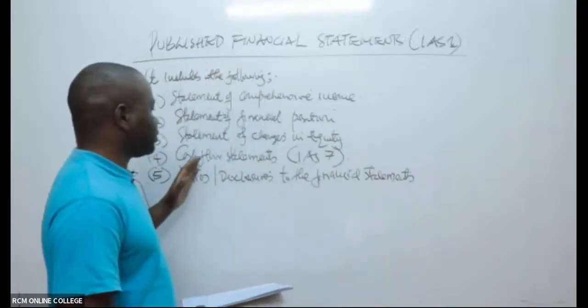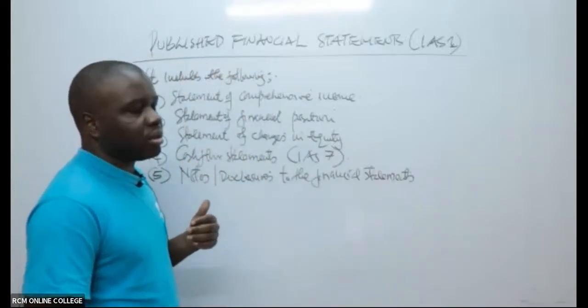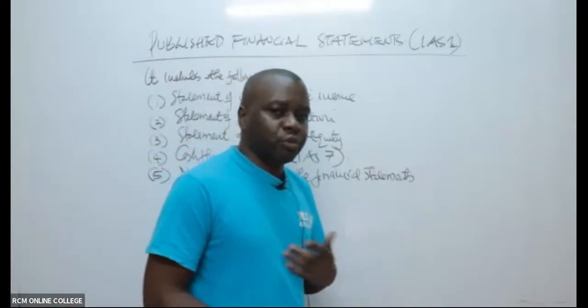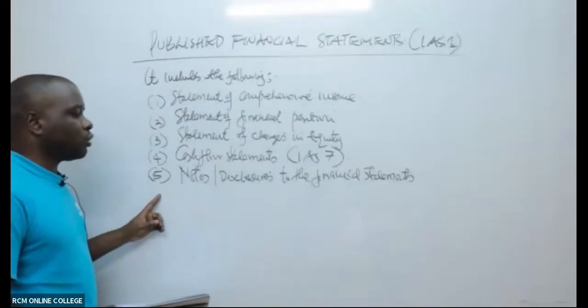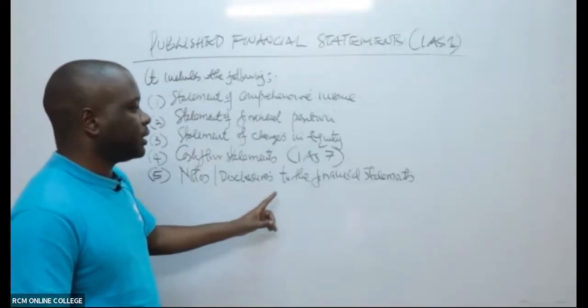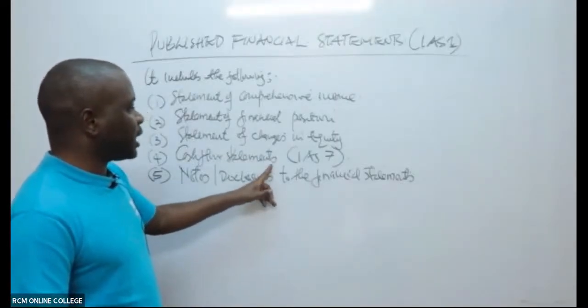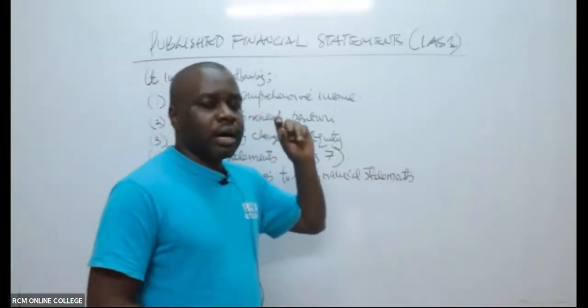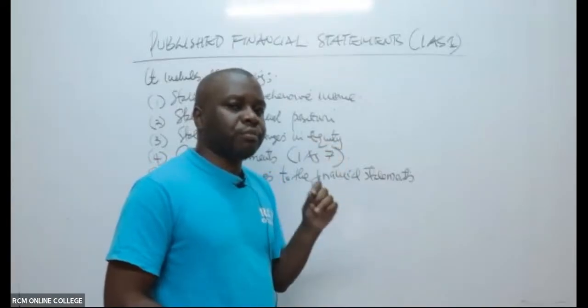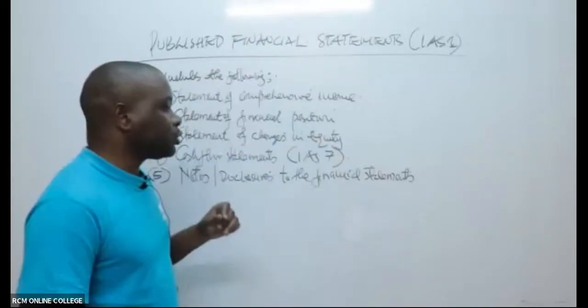Then the cash flow statement: how is the company performing in terms of cash flows? So it basically deals with the cash. Then when you talk about notes or disclosures to the financial statements, there could be elements that have been presented in these financial statements, and as the accountant or the person in charge of preparing them, you want to elaborate on them.